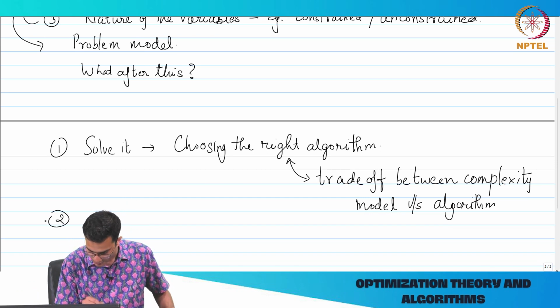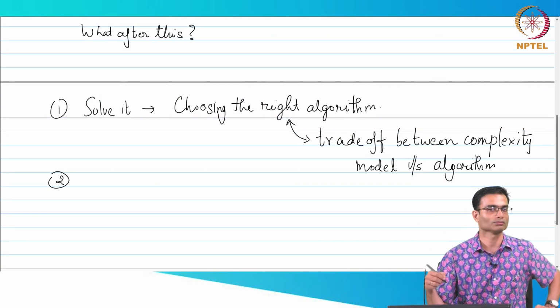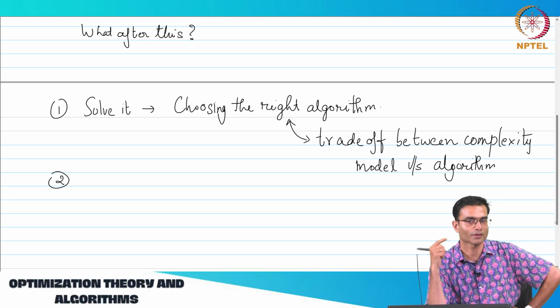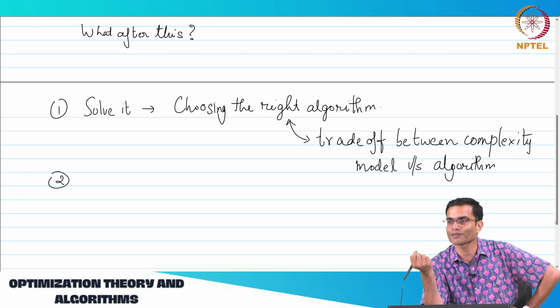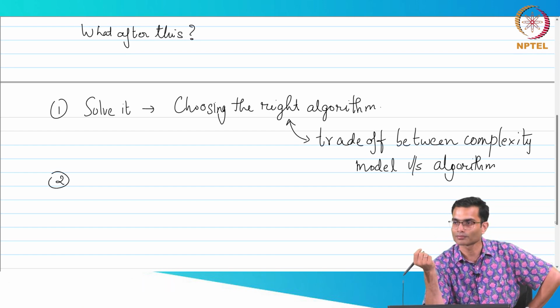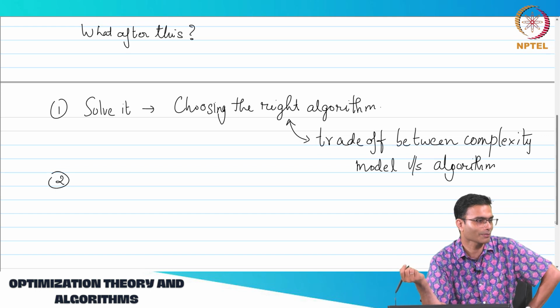Let us say that everything has worked out so far. I have solved my problem. Are we done? We have to check. What do we have to check? Once we have got the solution, we have to check whether it is good enough. Does it solve my problem? It seems that if I solved it, obviously I have got the correct answer, so what is there to check?